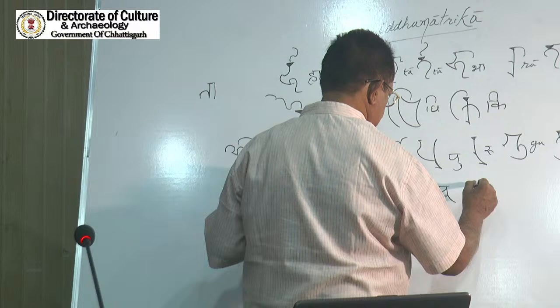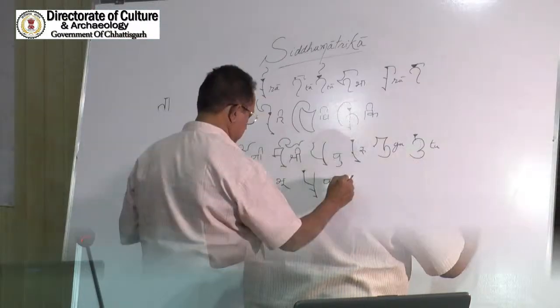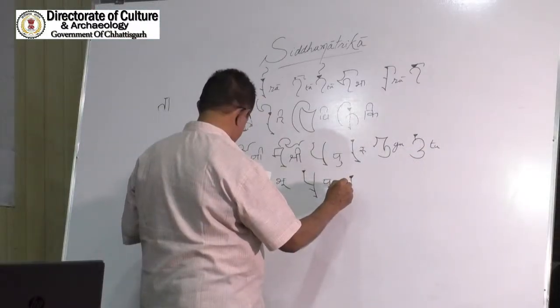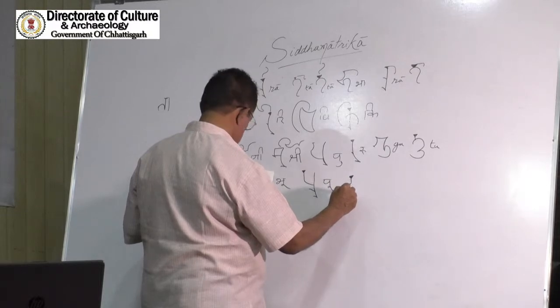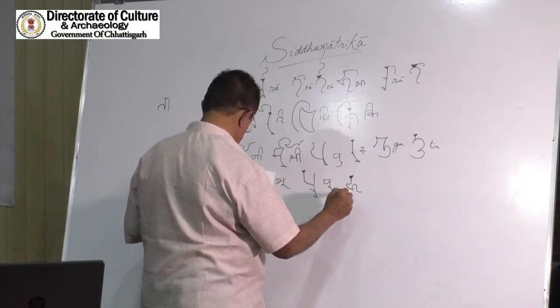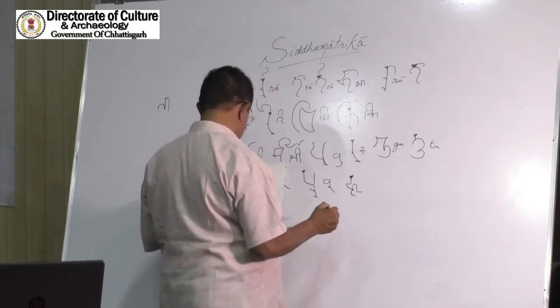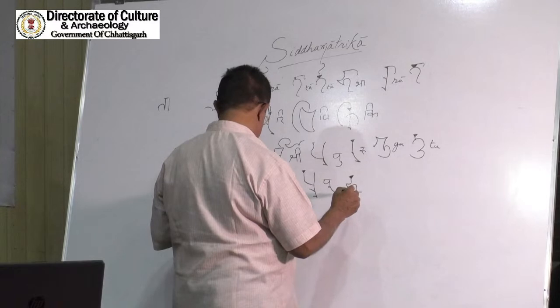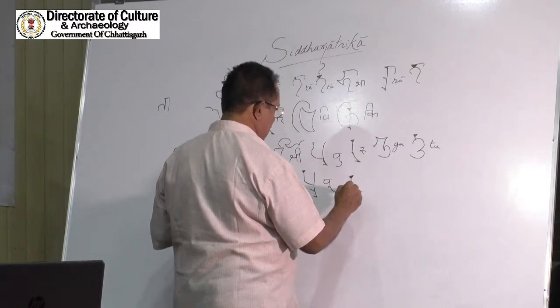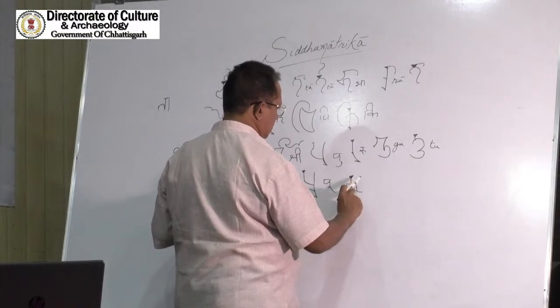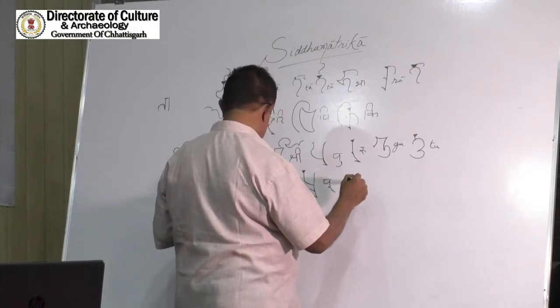Bru, this is ba. Bri. Yes, if you add a stroke here, it can be hri also, but you can take bri.